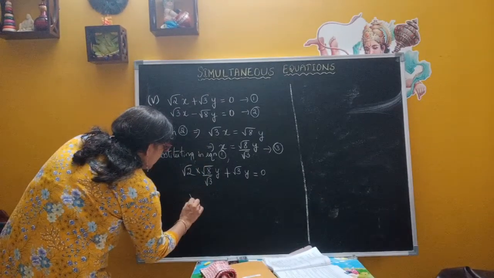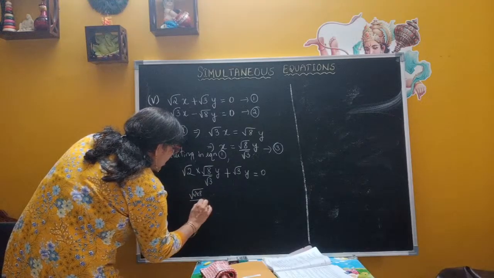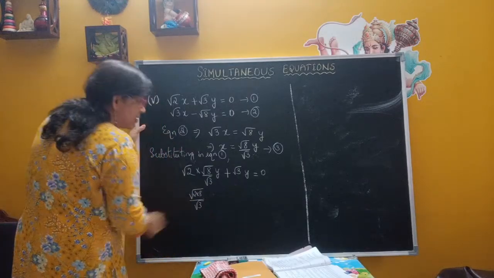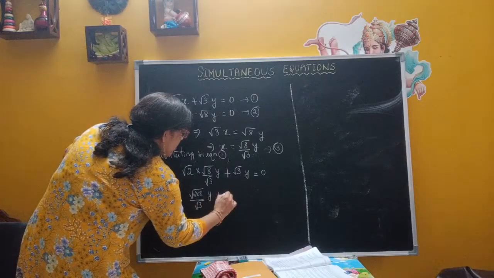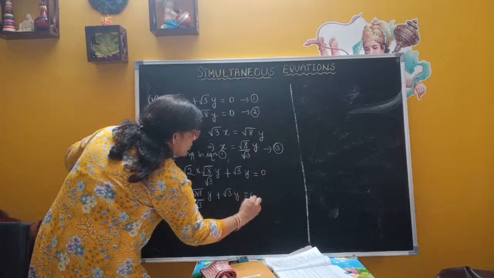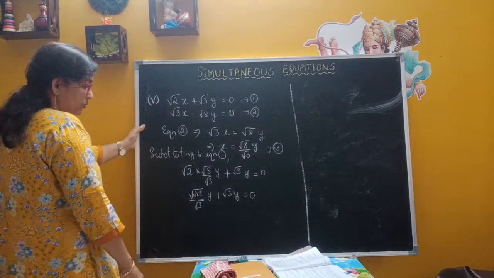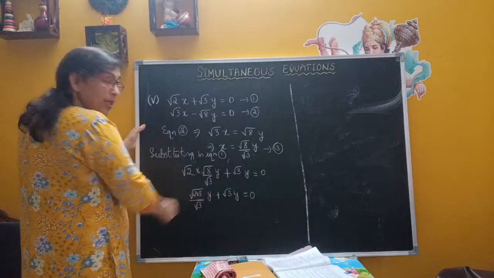So this is nothing but root 2 into root 8 by root 3, and we cannot do anything with this denominator, y plus root 3y is equal to 0. Root 2 into root 8, how much? 2 into 8 is 16.